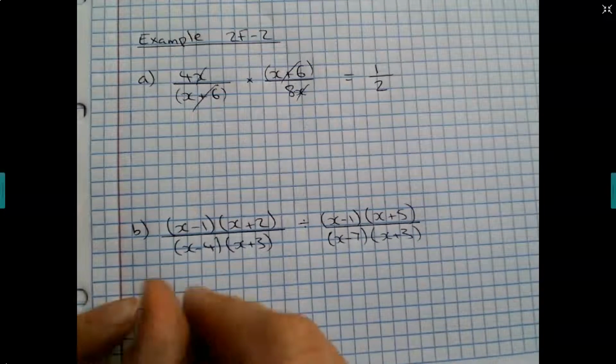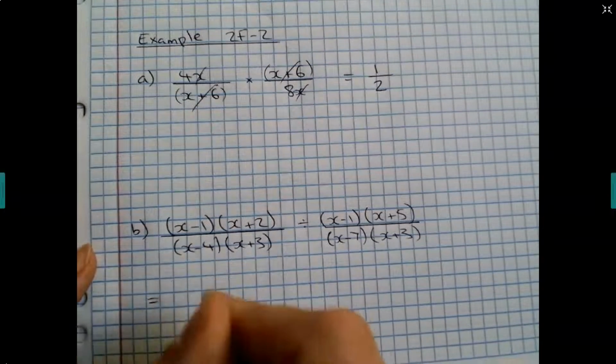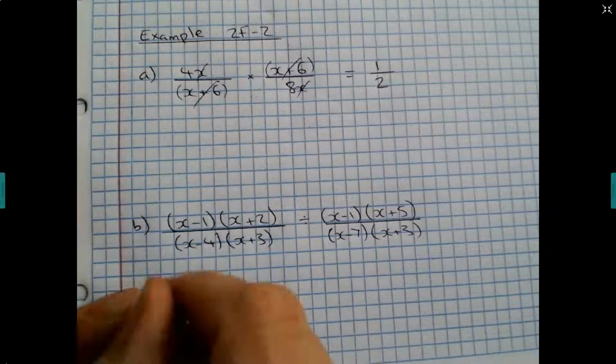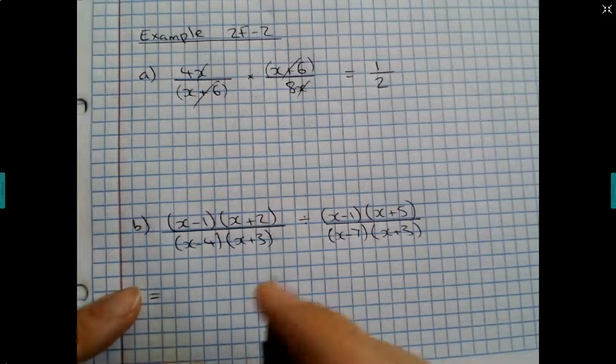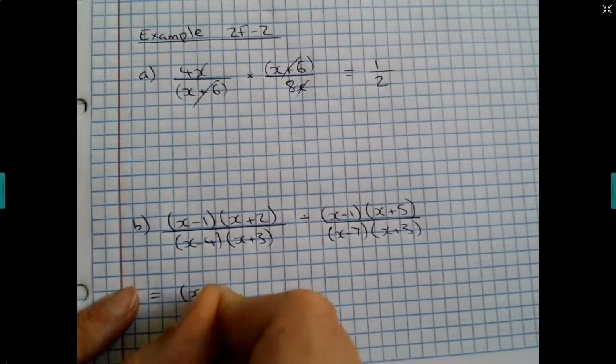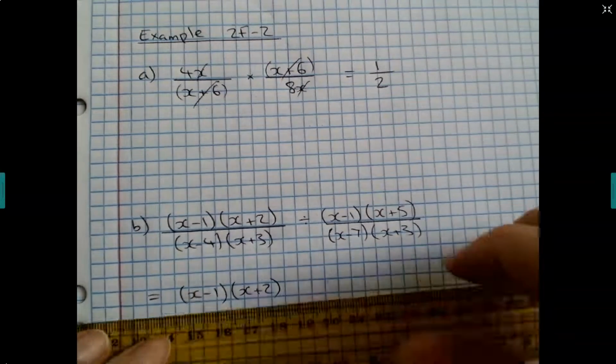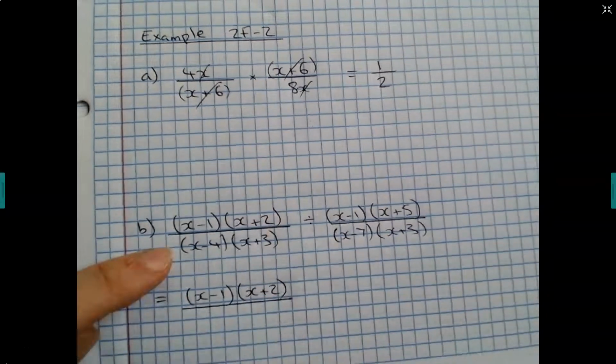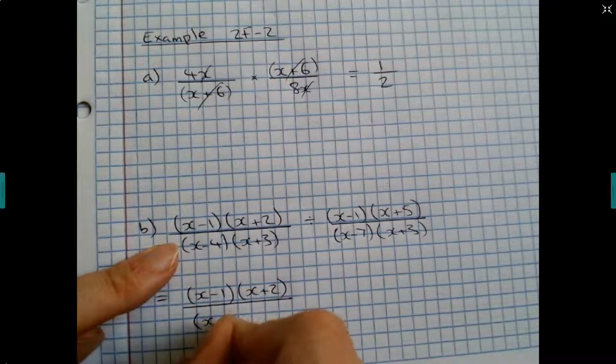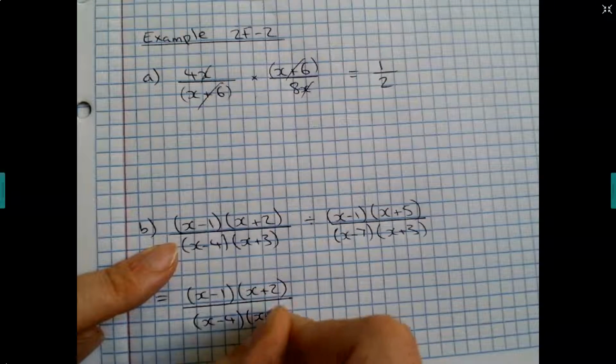So let me just rewrite this. And I'm just going to do it underneath because I don't have enough room to the side. So the first fraction is going to stay as is. x minus 1 by x plus 2 over x minus 4 by x plus 3.